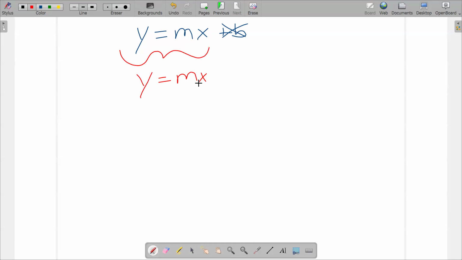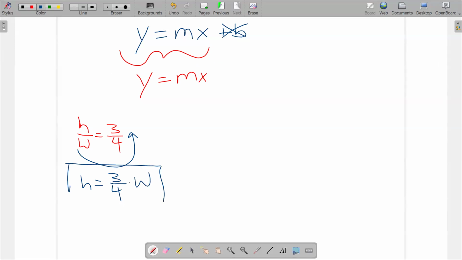So if we think about my idea earlier, where I was saying the height divided by the width was always 3/4, I can multiply the width to the other side and get the height equals 3/4 times the width. And this way of looking at a proportion is like looking at a line. It's the same idea.